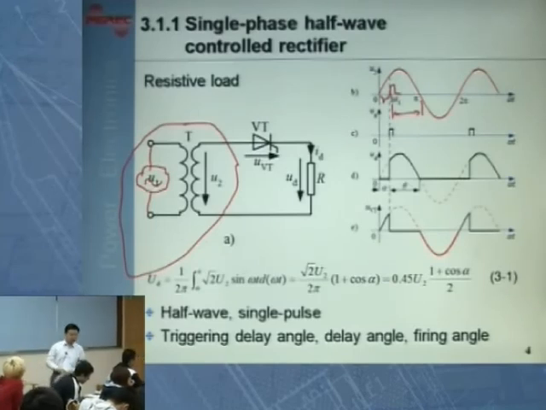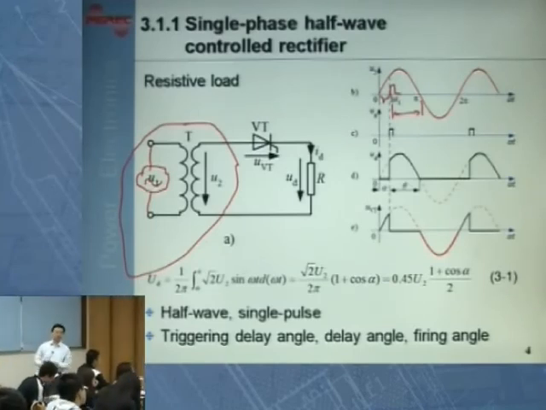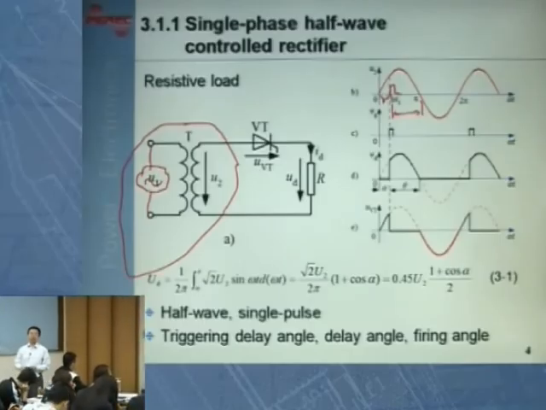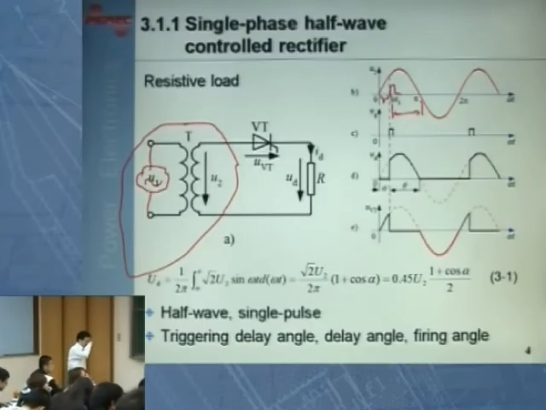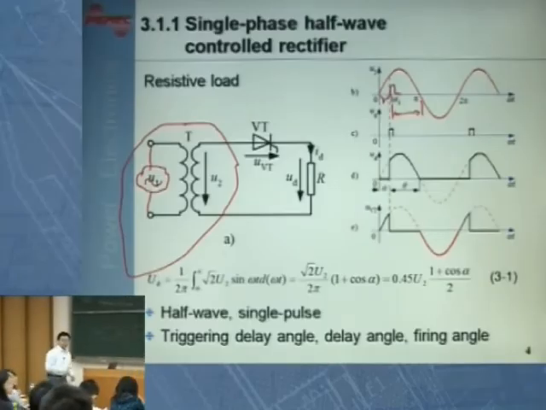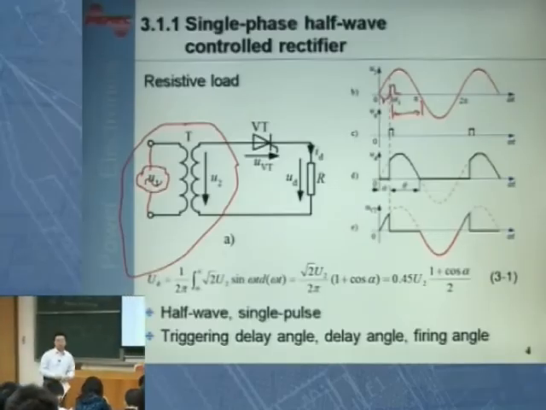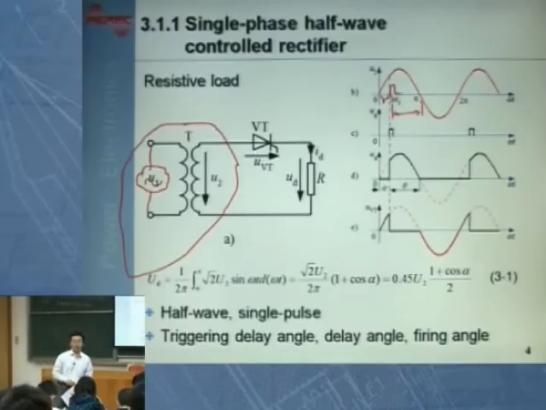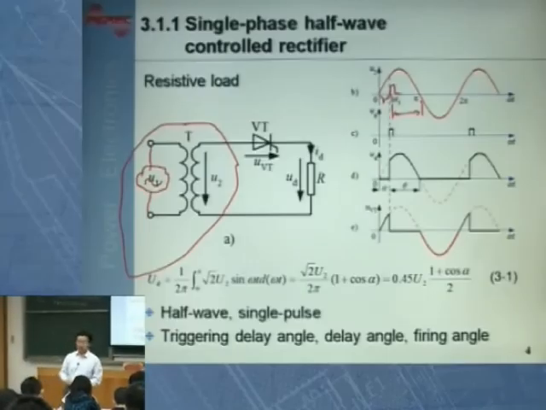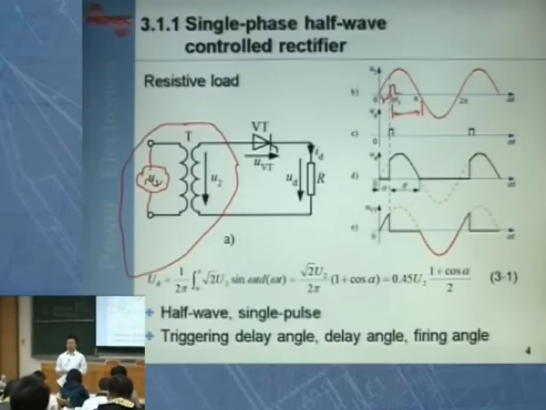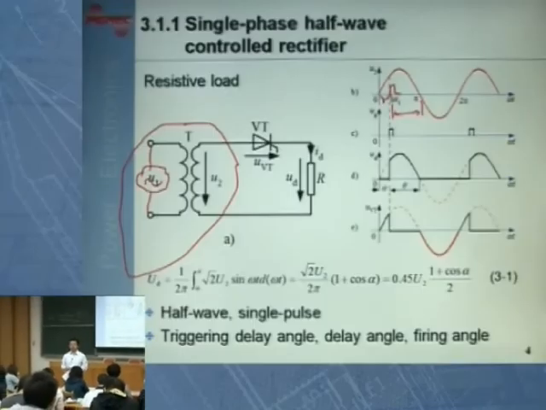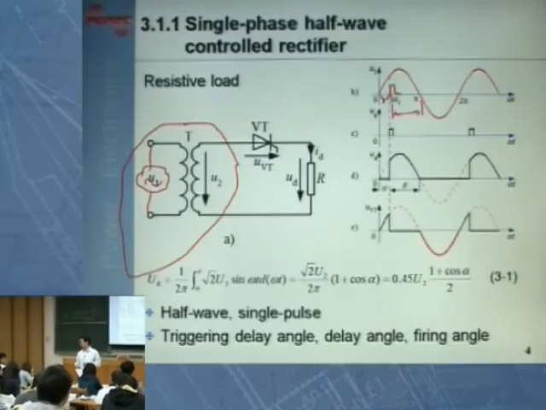So what is the condition for the thyristor to be turned off? You don't remember? Yes, please. We cannot turn it off through the gate signal for thyristors, right? But how do we turn it off?